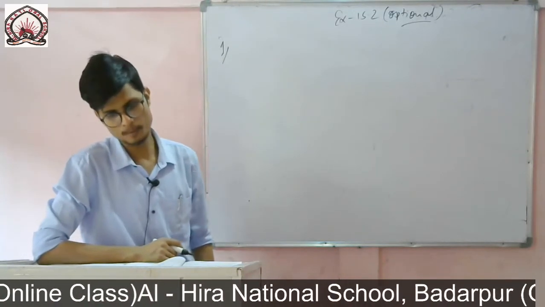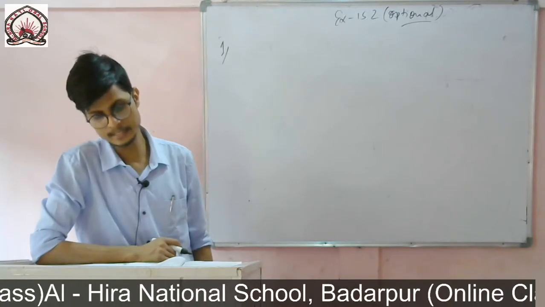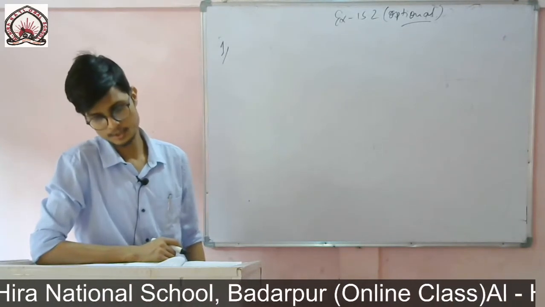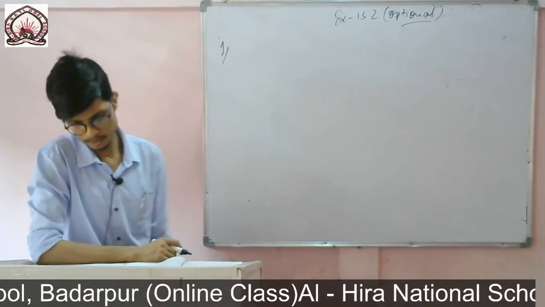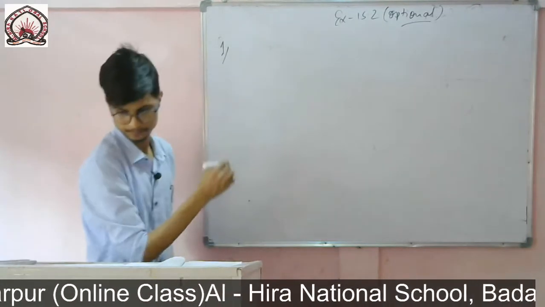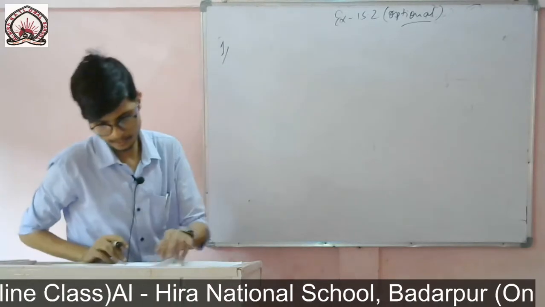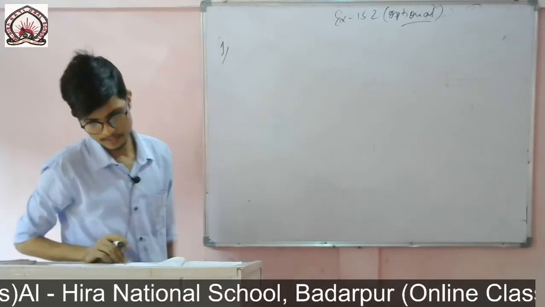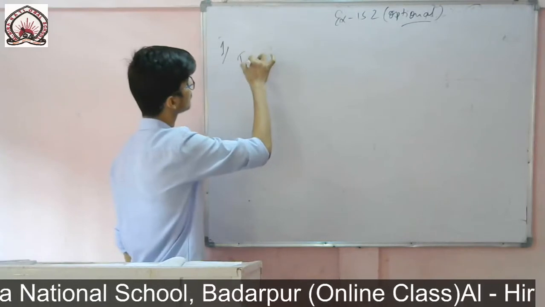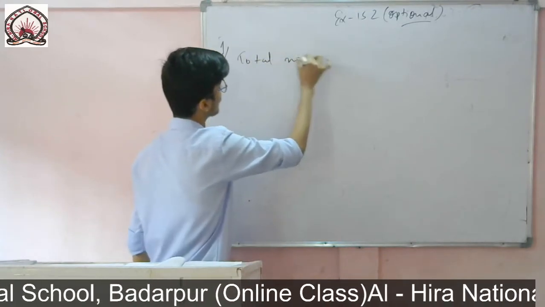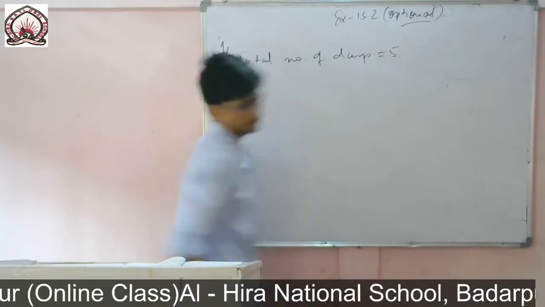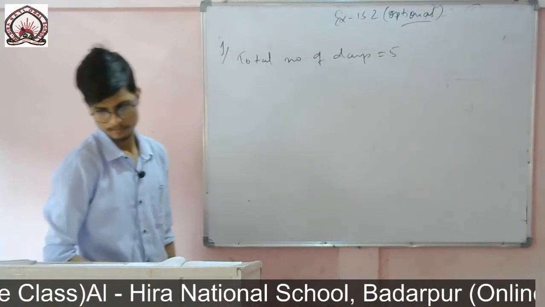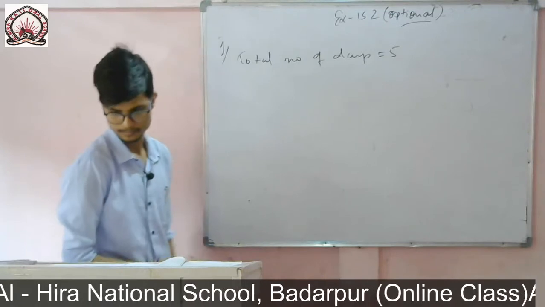What is the probability that both will visit the shop on the same day, on consecutive days, or on different days? First of all we have to find the total number of days, which is 5.